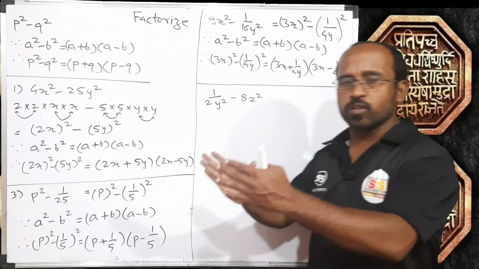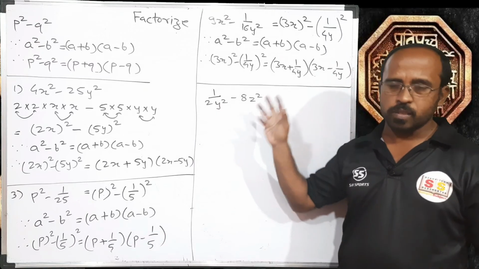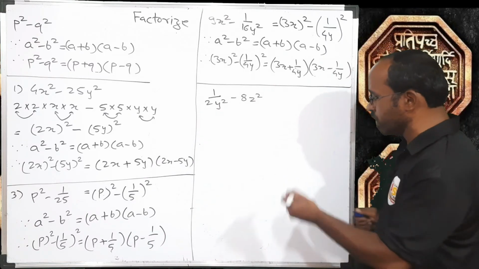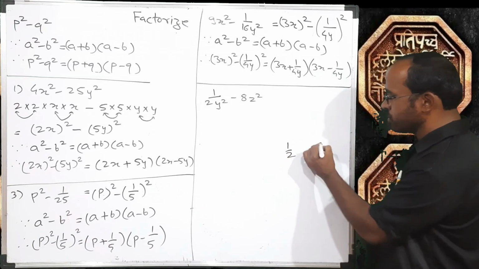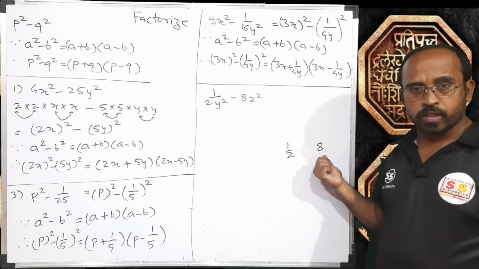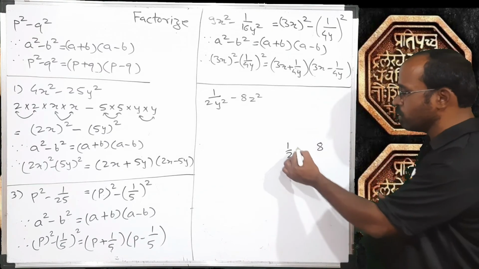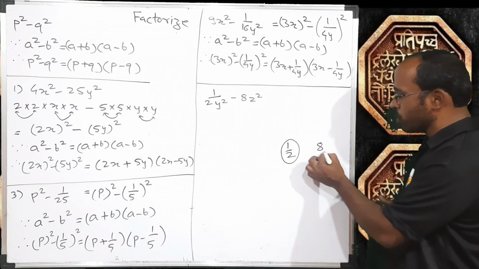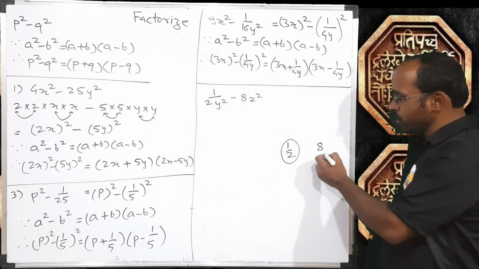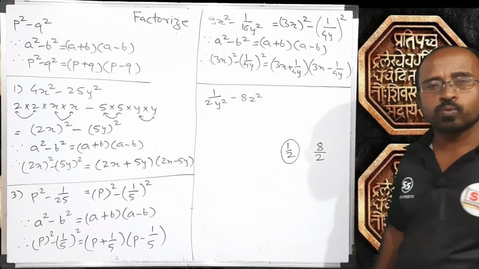We are taking some number common between the first term and second term. So is it possible to take any number common between 1 upon 2 and 8? Now you will say 1 upon 2 is a fraction and this is a whole number, how to take common? Actually, taking 1 upon 2 common from 8 is nothing but dividing this 8 by 2, right?